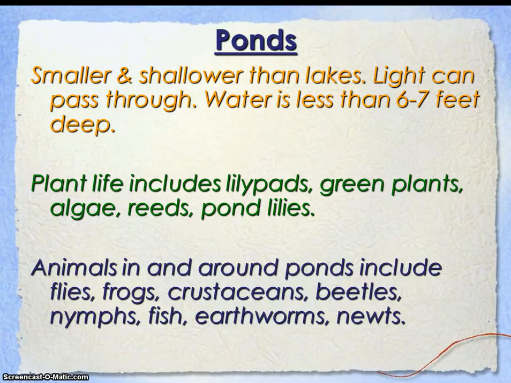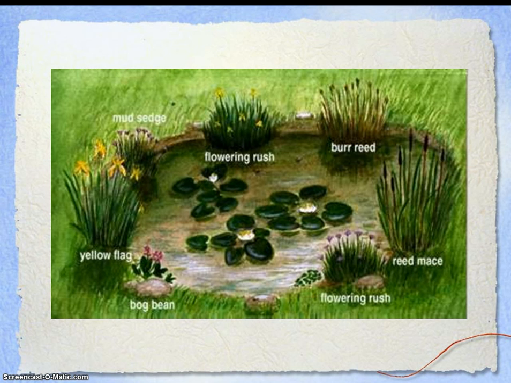And like I said, amphibians are going to be one of the big types of animals that you'll find. Also, your aquatic turtles will be a big supply in these ponds as well. They're exactly like lakes in the fact that they are isolated. They have low species diversity. They're just smaller versions.